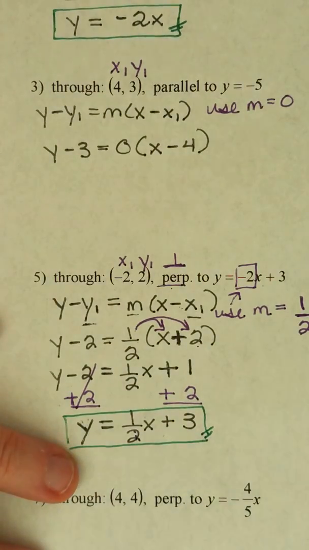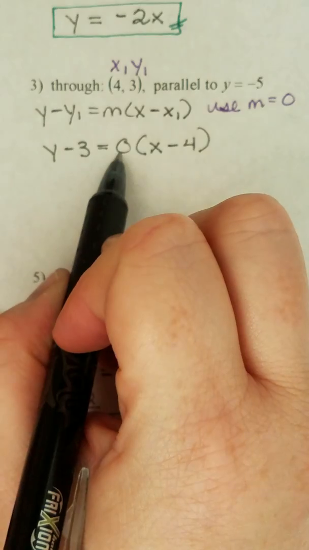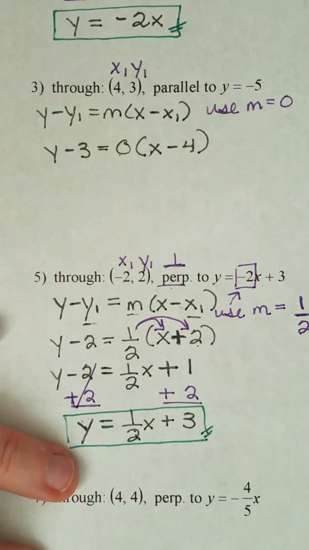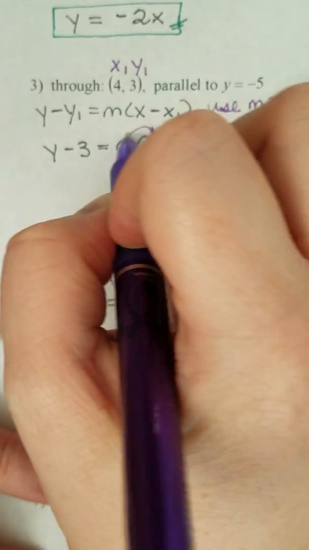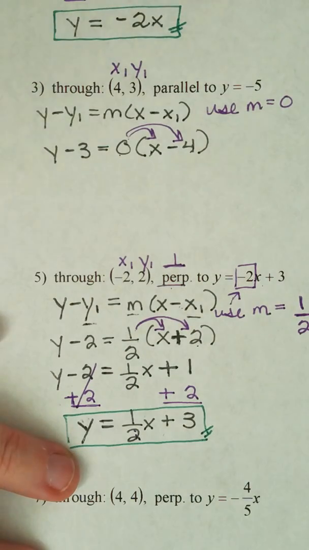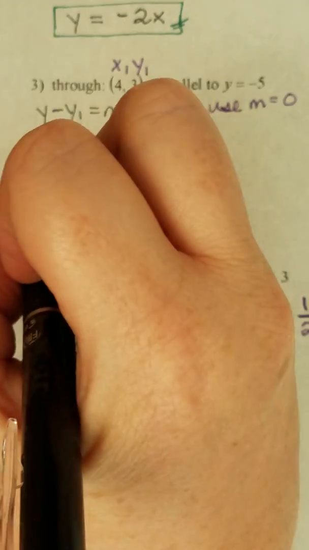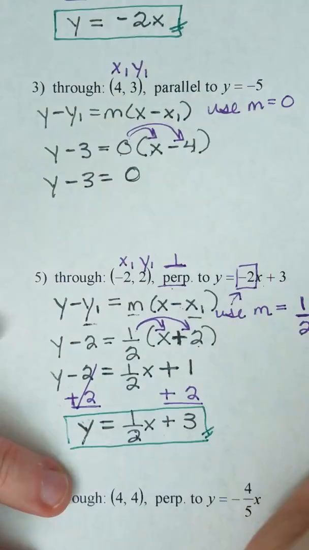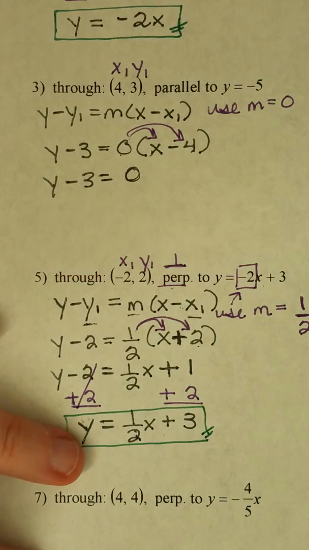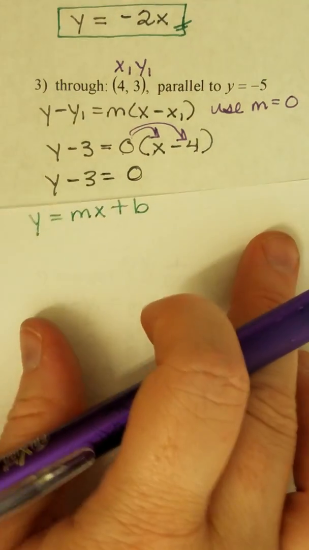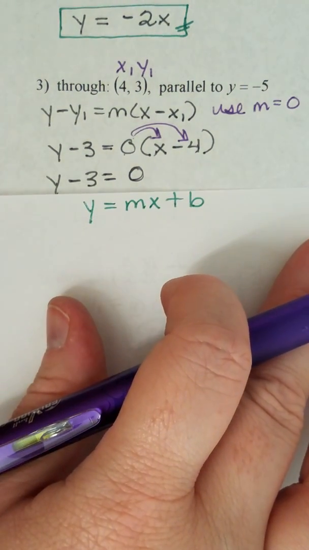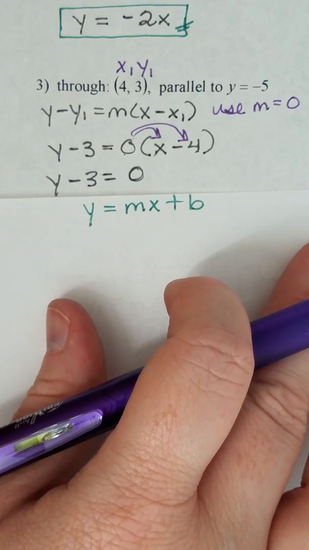Now this one is a piece of cake because I have 0 and I'm distributing it, which means I'm multiplying two other numbers by 0, which is just going to result in 0. 0 times any real number is just 0. Look at that. I'm going to bring down my equation, and then all I have left to do, if I compare it to my y equals mx plus b, is get y by itself.